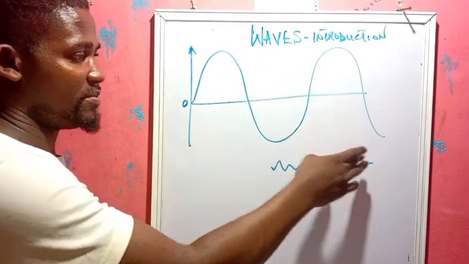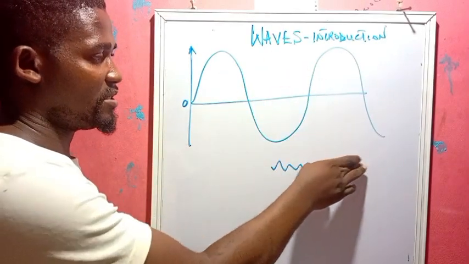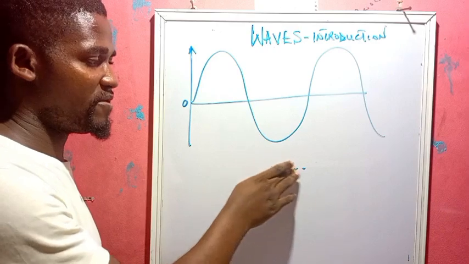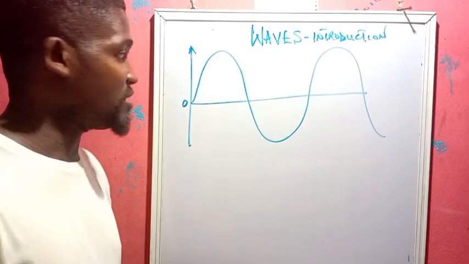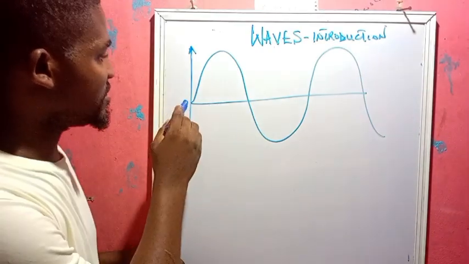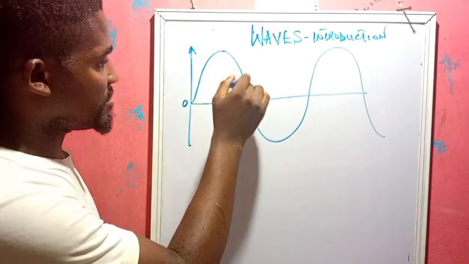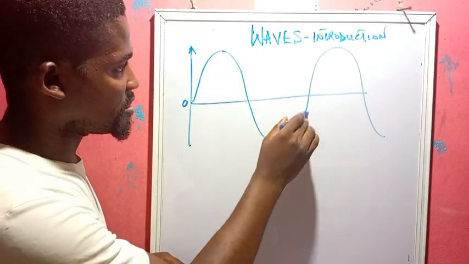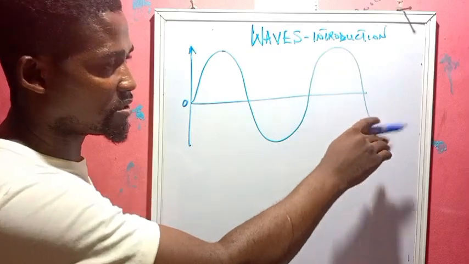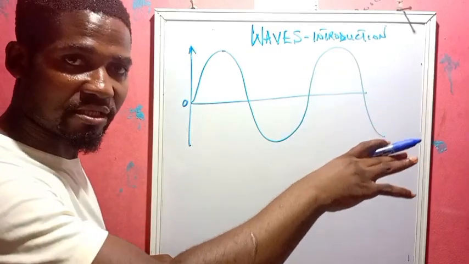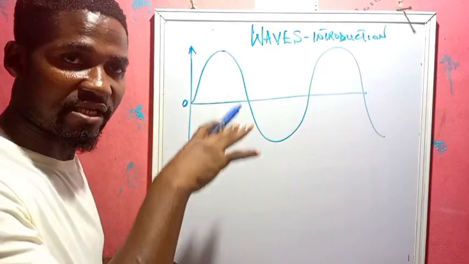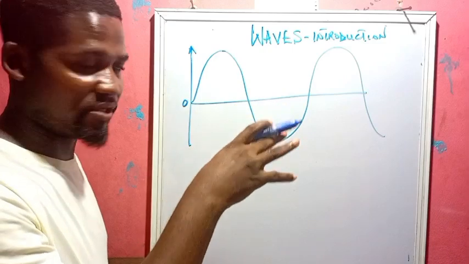This diagram shows us a basic representation of a wave. You can see that the wave starts from here, goes up, starts coming down, goes up again, and continues that motion until it stops, transferring the energy it is required to transfer.